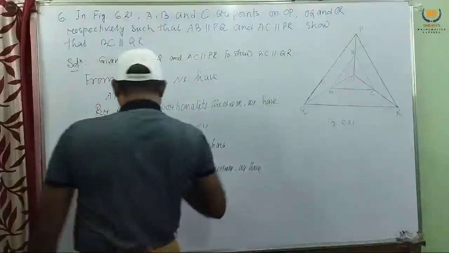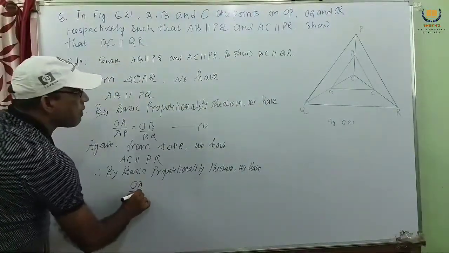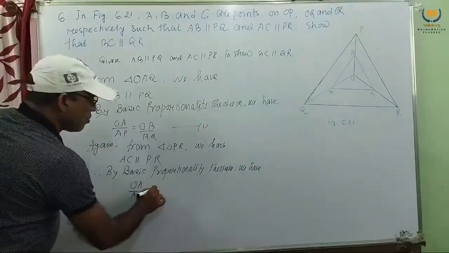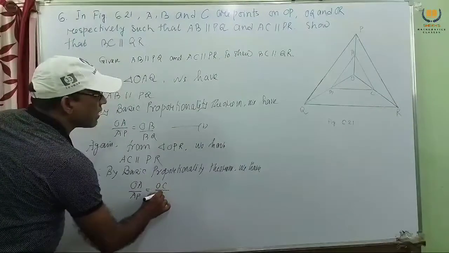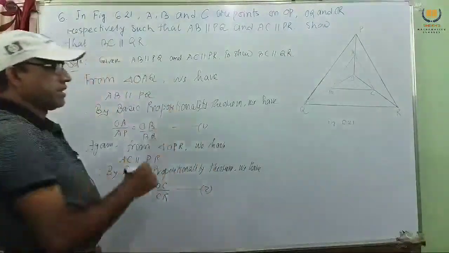So we have OA by AP equal to OC by CR. This is number 2.